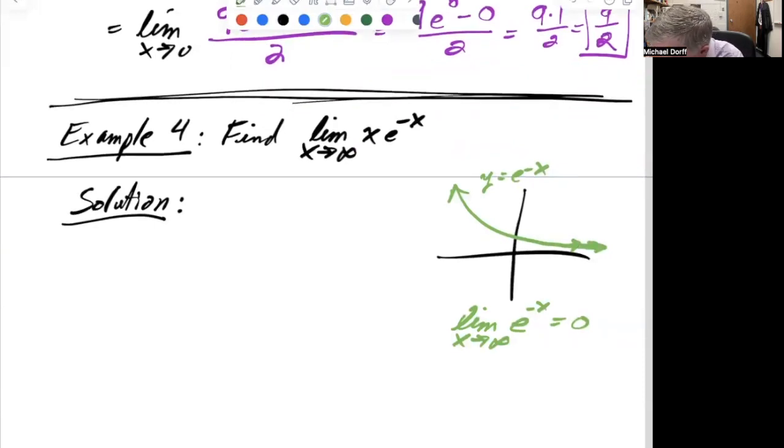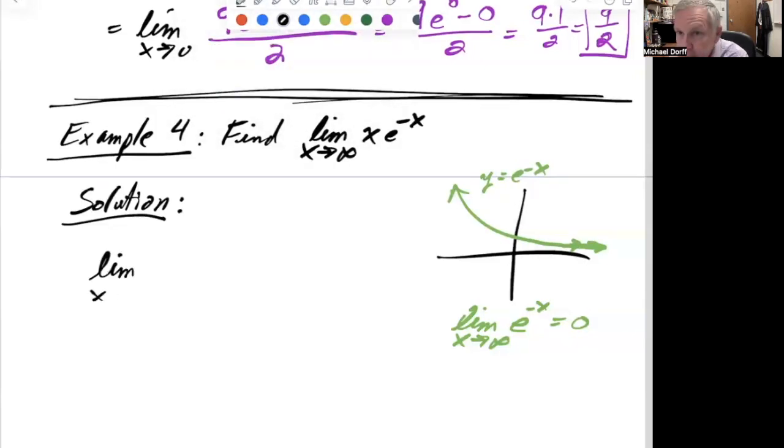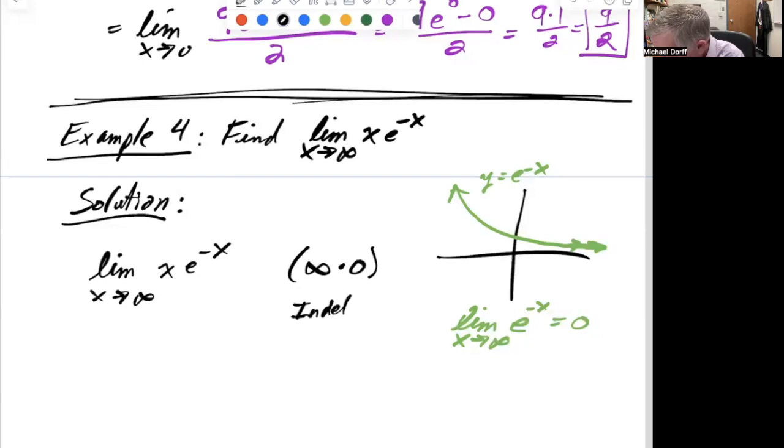So this problem, the limit as x goes to infinity of x e to the negative x, is going to be of the form infinity times 0, which is an indeterminate form. But it's not something where we have infinity over infinity or 0 over 0.